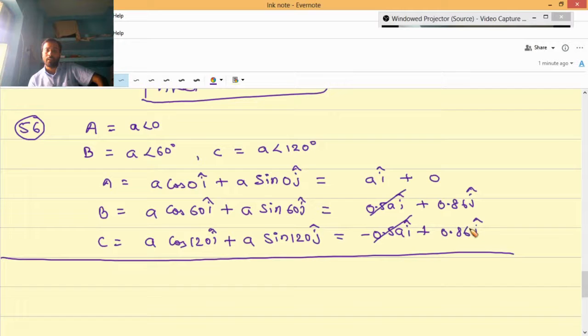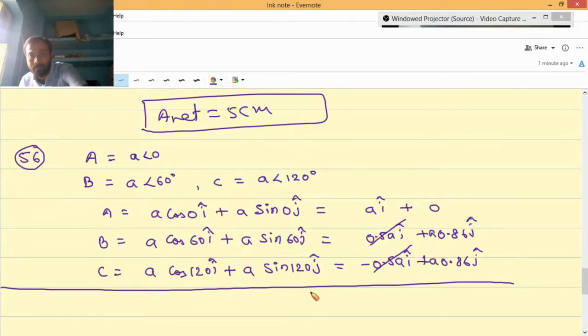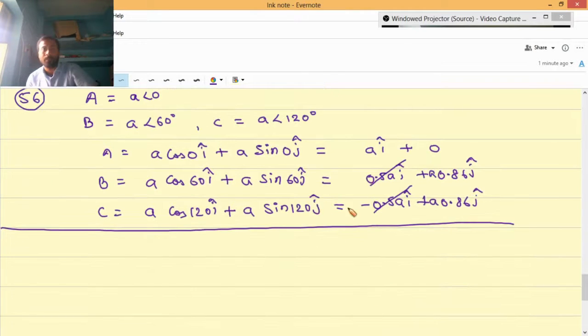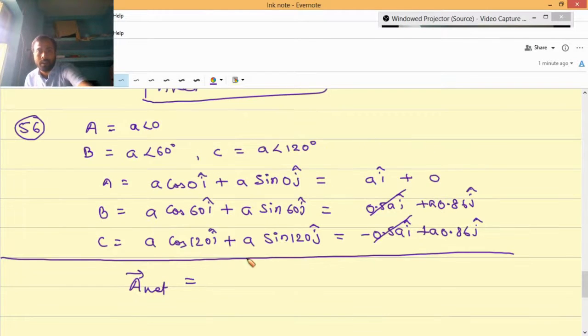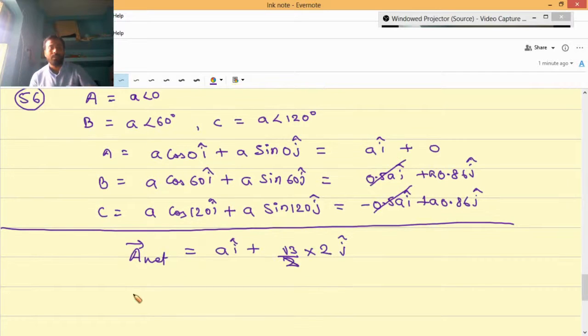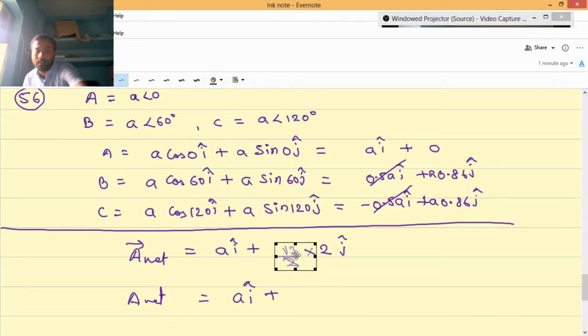Now, in order to find the resultant of these three, we add all these values. So A net is equal to A i cap plus root 3 by 2, which has come two times, so the A net value can be evaluated as A i cap plus 1.732 j cap.